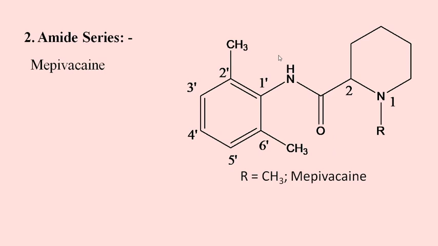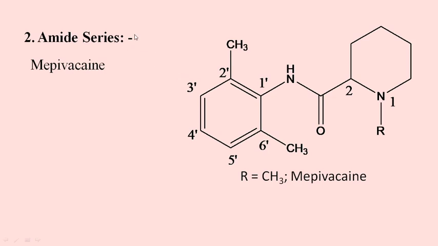So once again I want to repeat: N-(2,6-dimethylphenyl)-1-methylpiperidine-2-carboxamide. Mepivacaine is an intermediate acting amino amide. The amide series are long lasting.